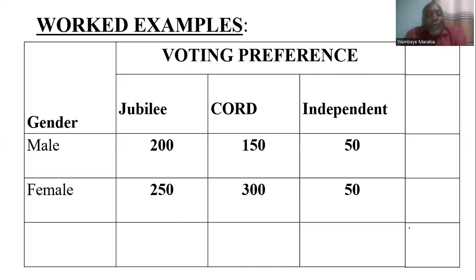The number of females who voted for CORD were 300, and the number of females who voted for the independent candidate were 50. Now, there is what we call marginal totals. The marginal totals are the totals we are going to get at the bottom here. So we are going to have totals here.